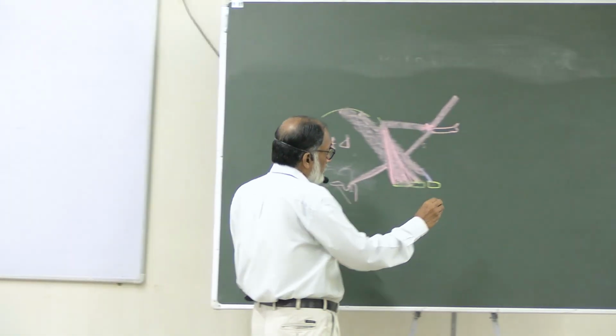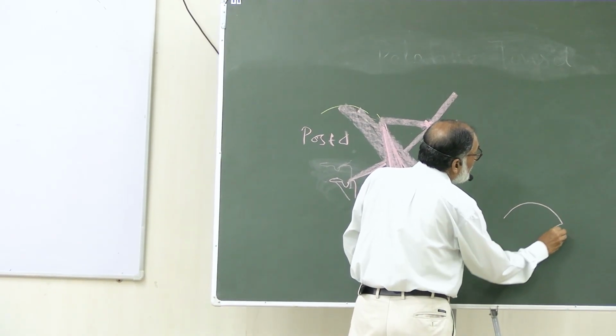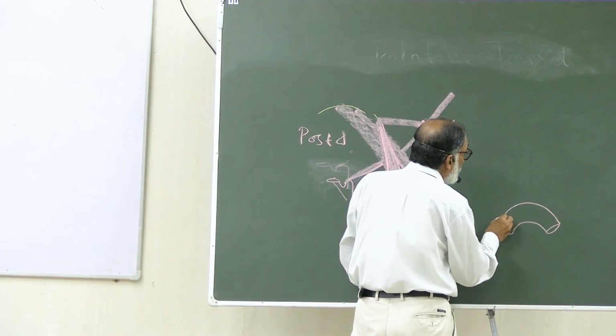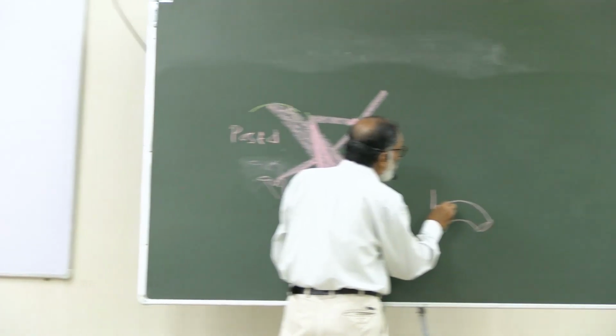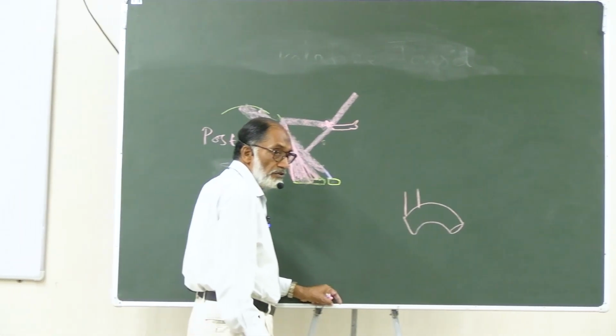Where is the carotid artery coming from? This is the arch of the aorta. This is the right side. From the right side, this is the brachiocephalic trunk.